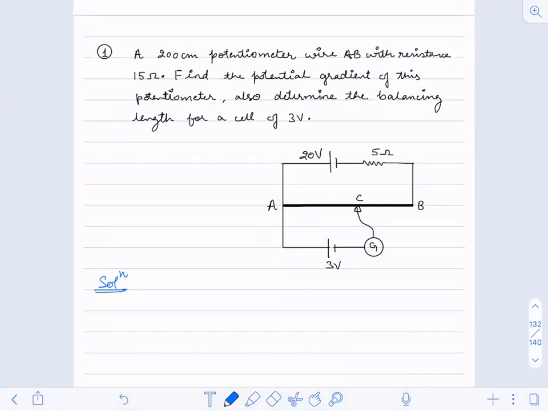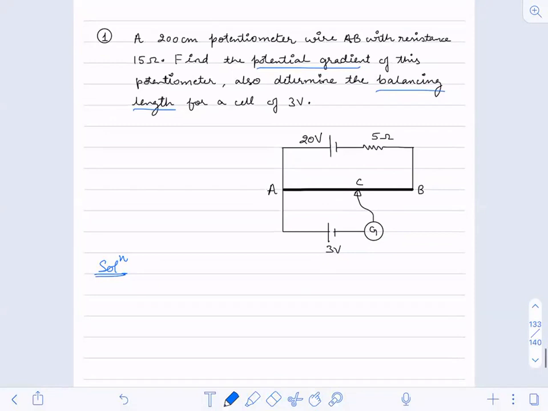Find the potential gradient of this potentiometer. Also determine the balancing length for a cell of 3 volt. So we have to calculate two things here: one is the potential gradient, which is lambda, and then the balancing length, that is L.